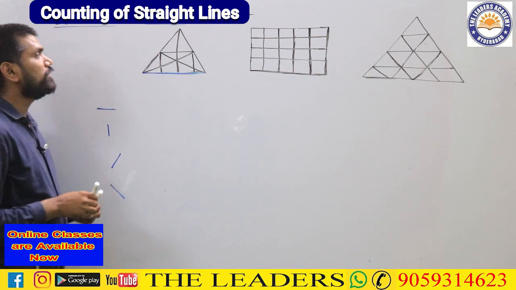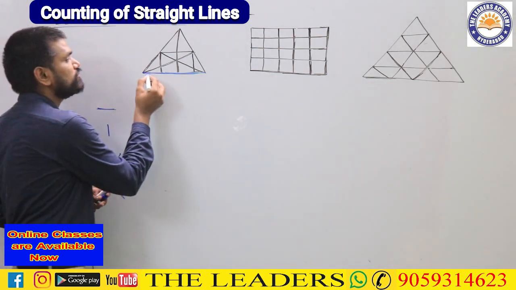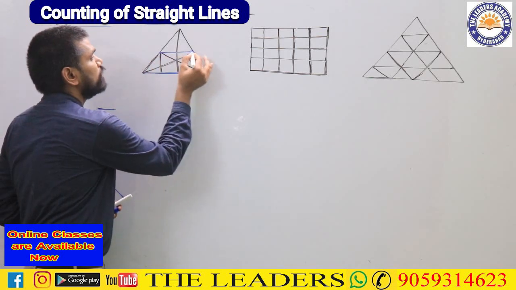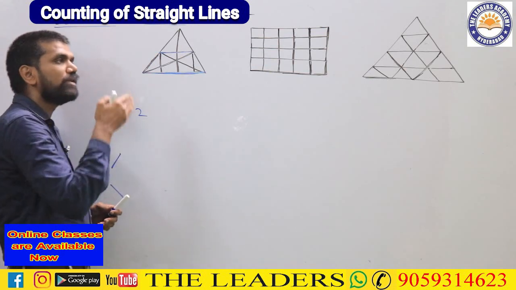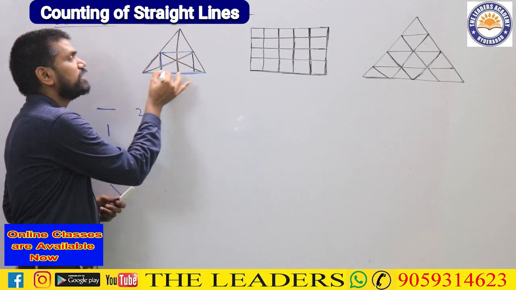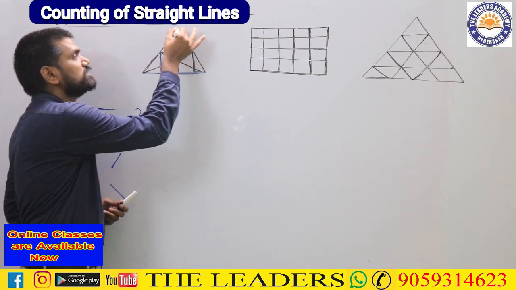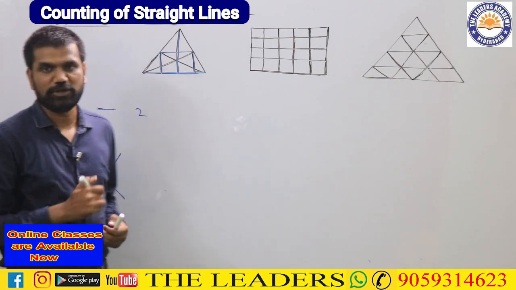Now in this particular figure, if you check how many horizontal lines are there, this is one, this is two. Two horizontal lines are there. Coming to the vertical lines, how many vertical lines are there over here? This is one vertical line, this is another vertical, this is another vertical line. In total, we have three vertical lines in this particular figure.